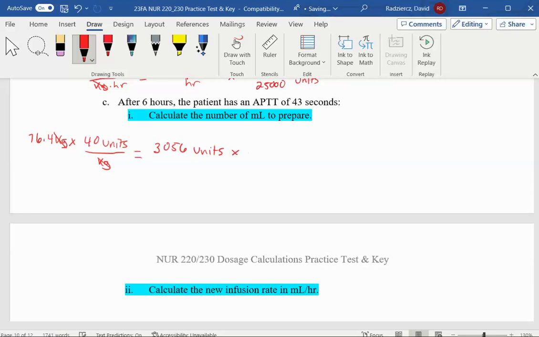I'm going to use my same bolus dosage strength, which was 1,000 units per milliliter. And what I'm going to get then is 3.056, so 3.1 milliliters for my rebolus.